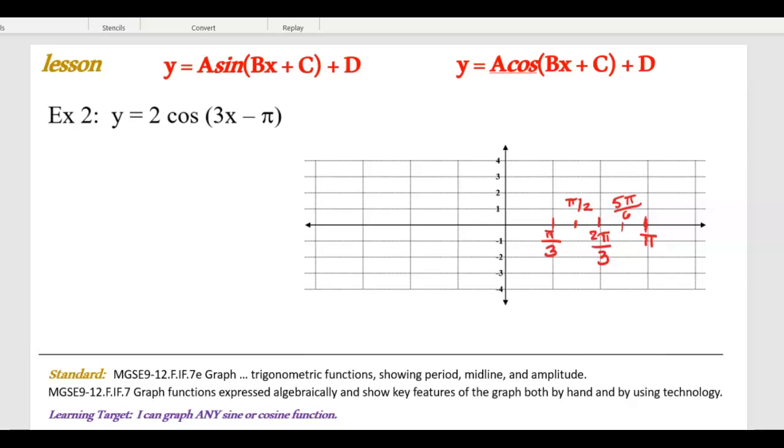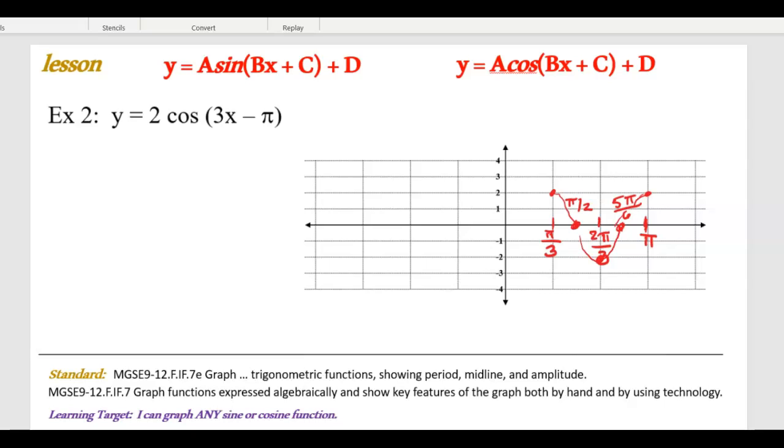Okay? Now, it's a cosine function, which means initially it started up at 2. So, at pi over 3, you're going to start up at 2. Then you're going to go down to the x-axis, down to the midpoint here at 2 pi over 3, back up, and like this. Okay, so one full period of the graph.